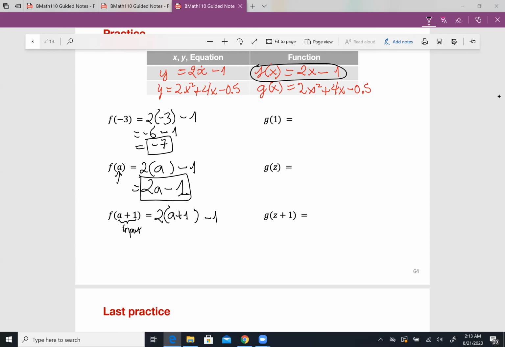So 2 times a plus 1 minus 1. I can simplify it by using distribution. I have 2a plus 2 minus 1. Combine like terms, I have 2a plus 1, since 2 minus 1 is 1. So that should be the answer.